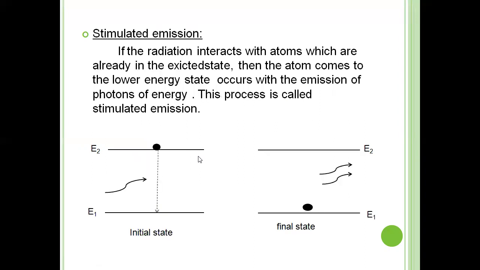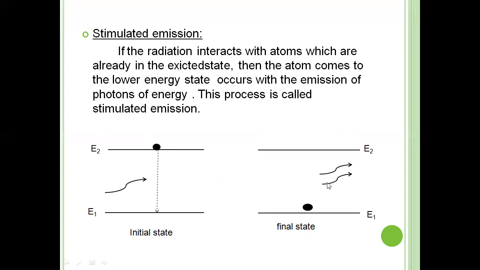The second one is stimulated emission. Here also the process happens with the help of external energy. Suppose an atom is in the excited state, where it will stay for its lifetime. Before the completion of its lifetime, if this atom interacts with a radiation, then due to the stimulation of this radiation, the atom will de-excite from the higher energy level to the lower energy level with the emission of two photons.